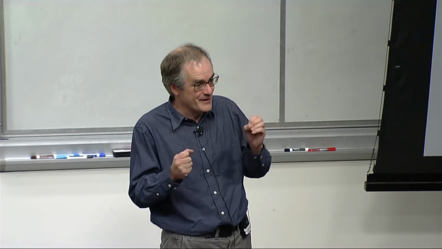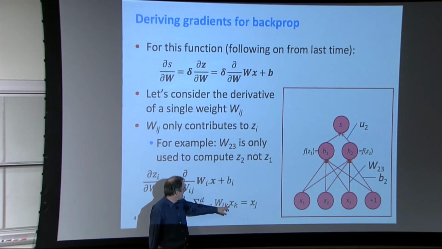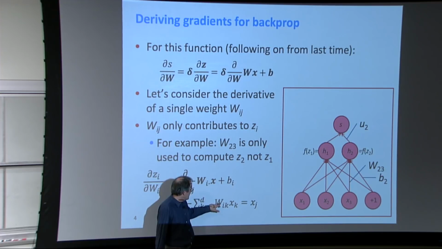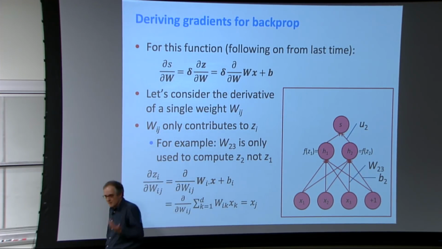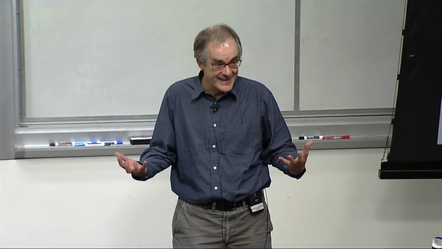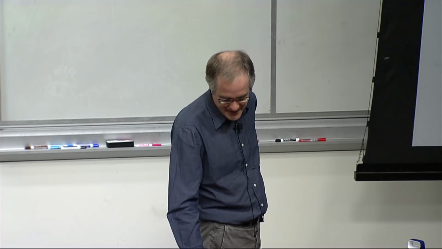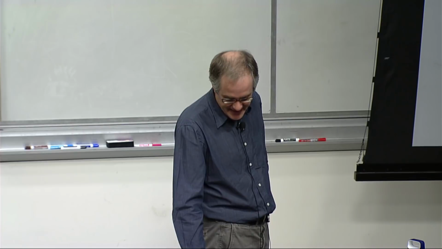It's like we have 3w, and what's the derivative of 3w with respect to w? It's 3, right? So we have a term Wij times xj, and its derivative with respect to Wij is just xj. Does that make sense? Everyone believe it? Fingers crossed? Okay. So for one element of this matrix, we're just getting out xj.